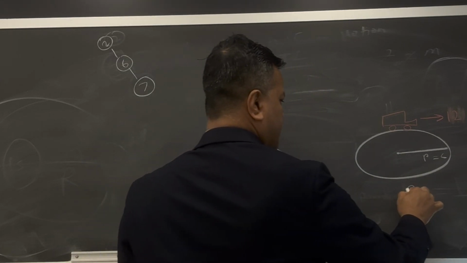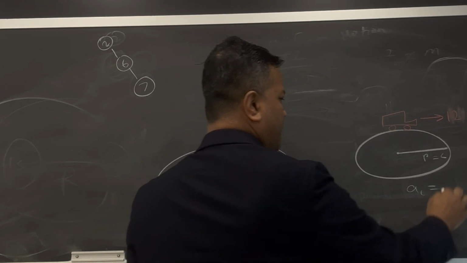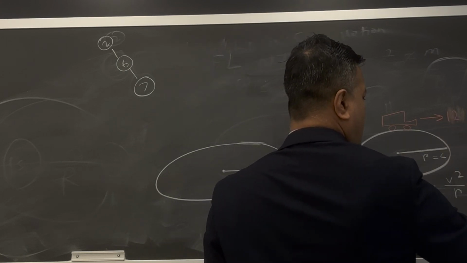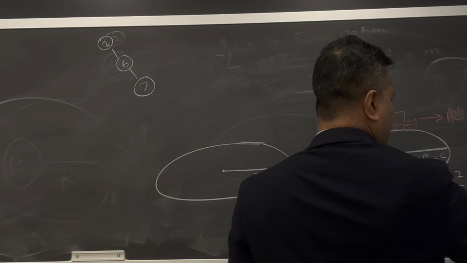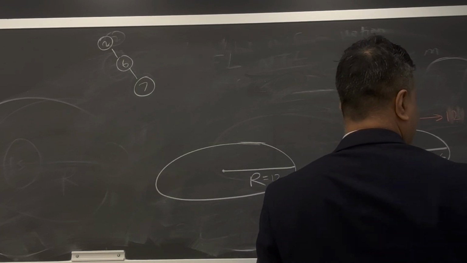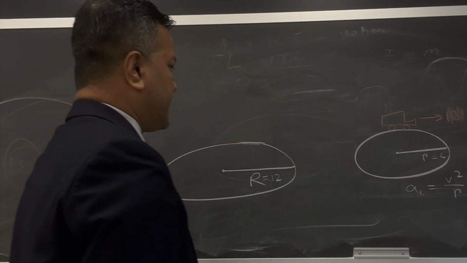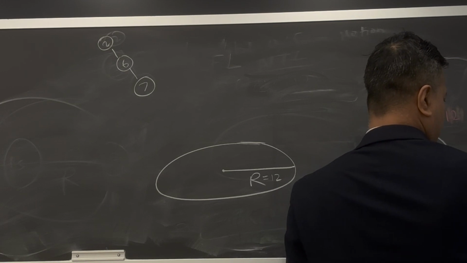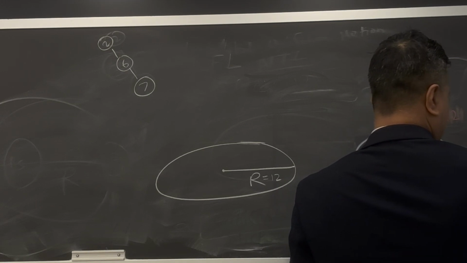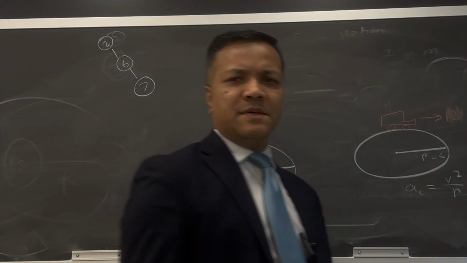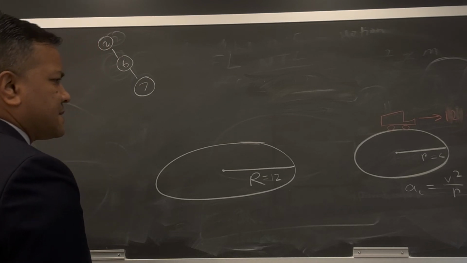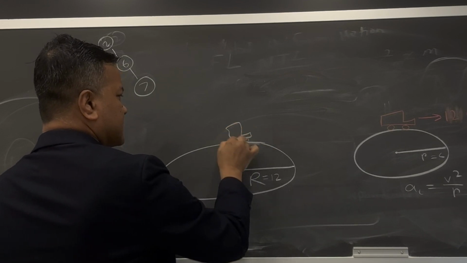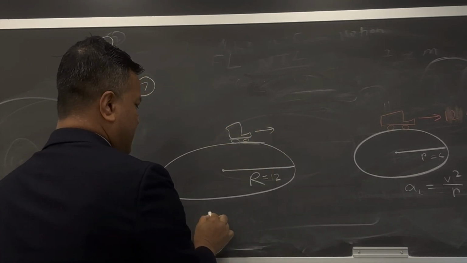So acceleration would be what? Acceleration would be v squared over r. So 12 squared divided by 6, so 144 divided by 6. 6 goes into 14 twice, 2, 24. 24 meters per second squared. And in this case we double the radius. If we double the radius, the acceleration will be how much?